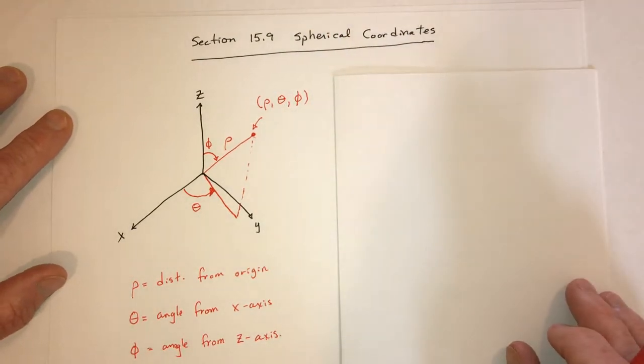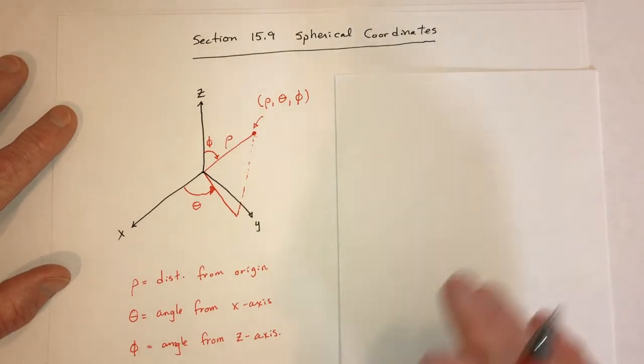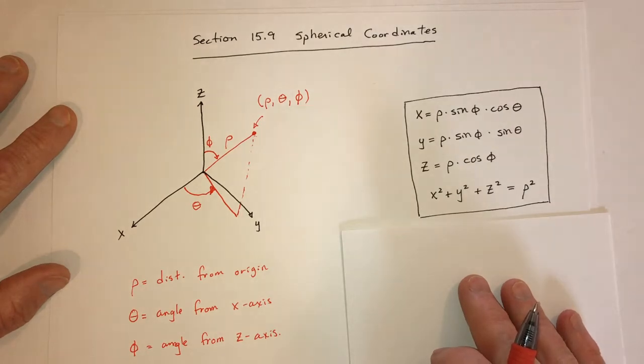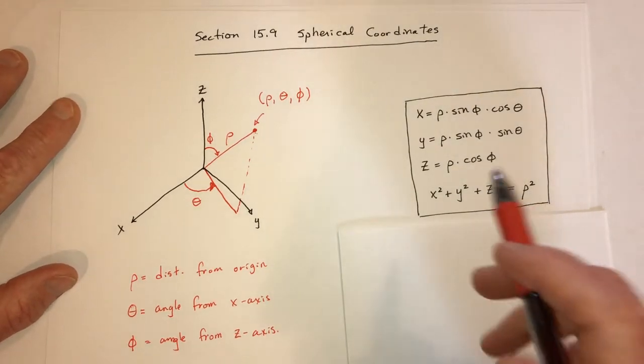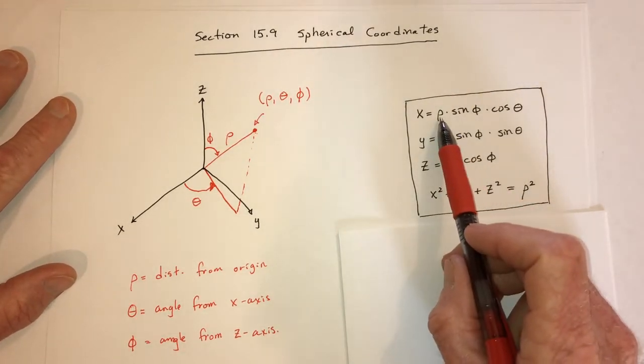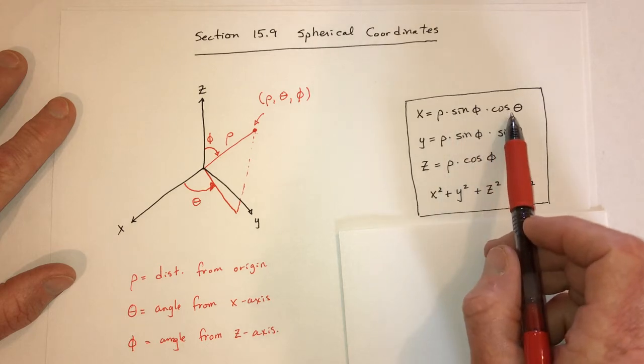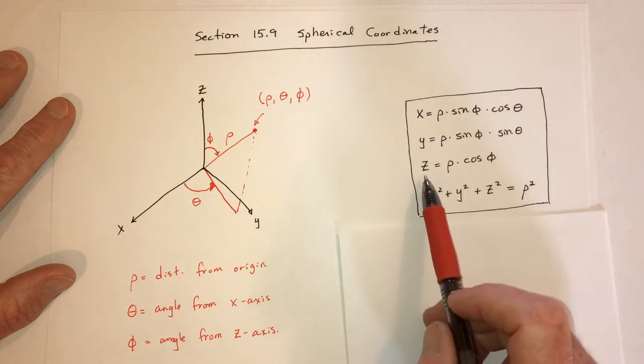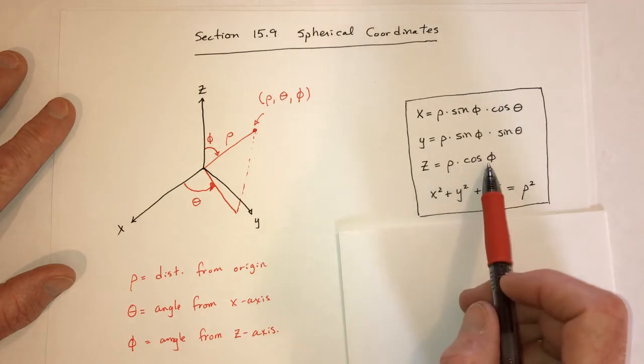Now, how do you convert between x, y, and z and our new system? You use these formulas right here. x is rho times sine of phi and cosine theta. Then y has sine and sine, and z is just rho times cosine of phi.